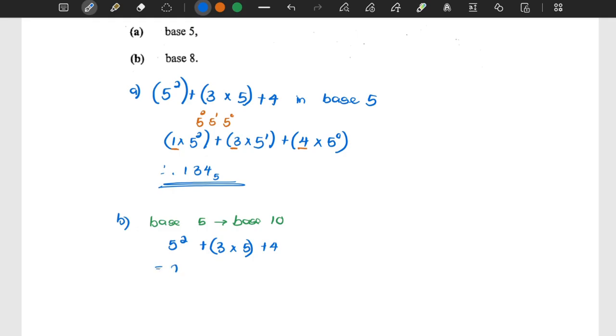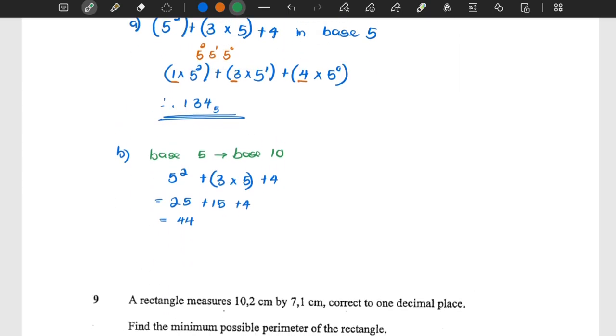So that will be equal to 25 plus 15 plus 4. 25 plus 15, that's 40, plus 4, that's 44. And then after that, we do base 10 to base 8, right?